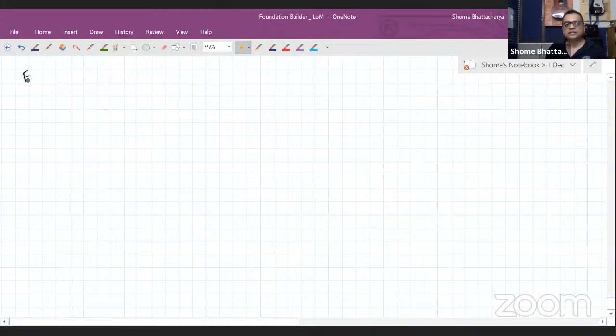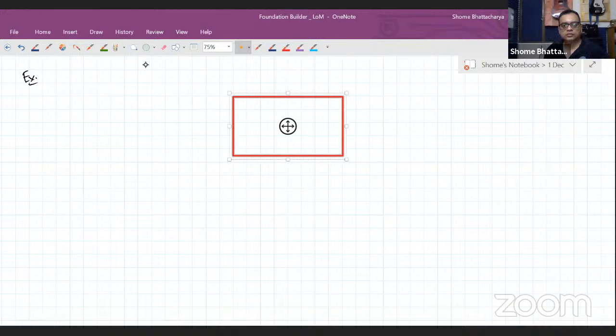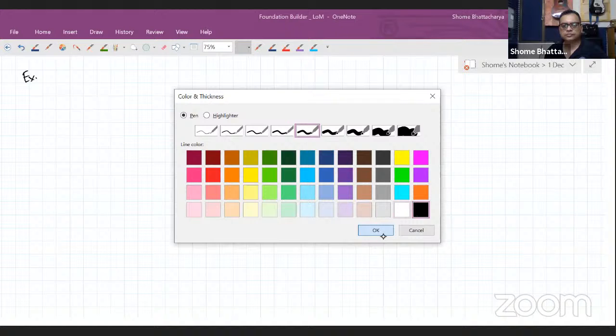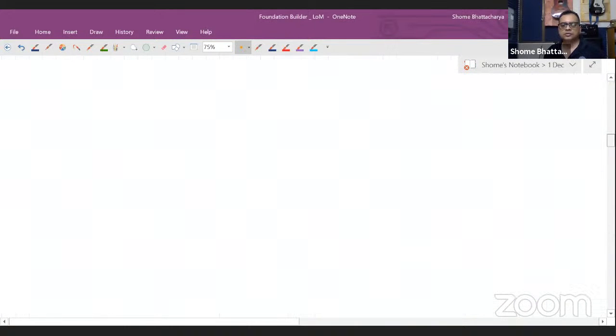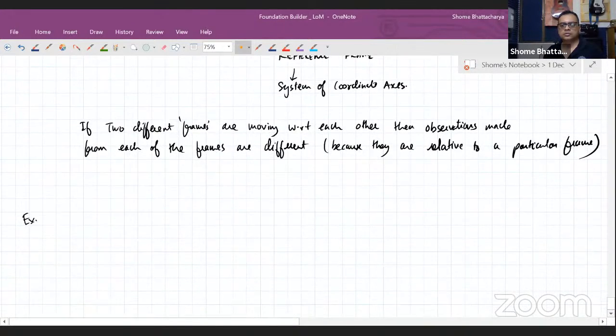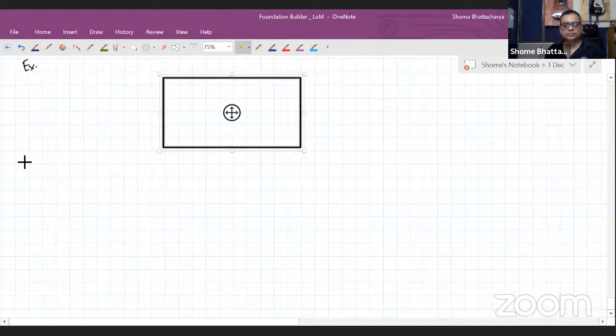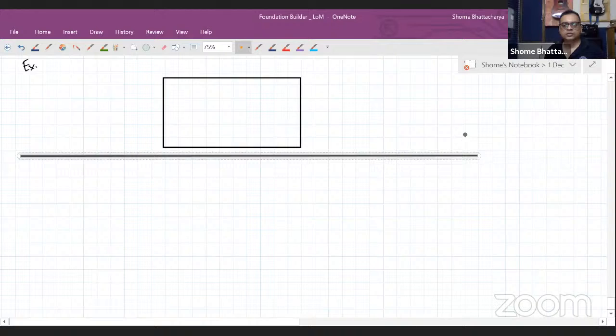Okay, so for example, we have a situation like this where, let's say, we have a bus which is moving at a speed of, say, 12 meters per second in this direction.